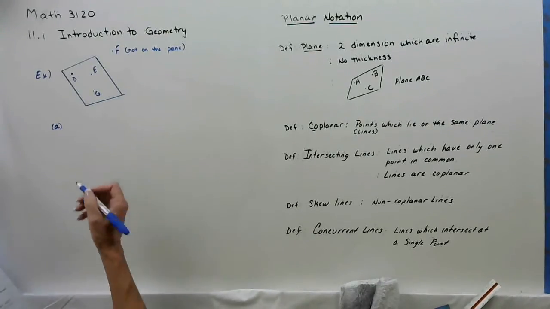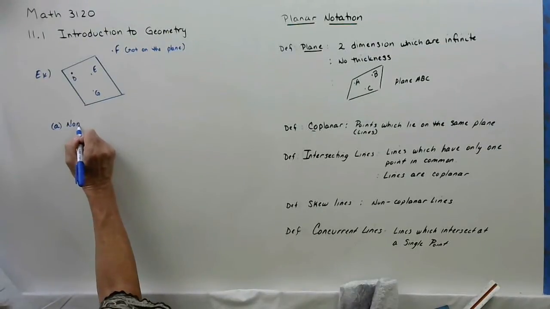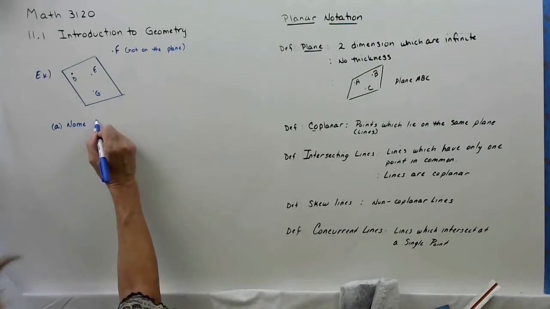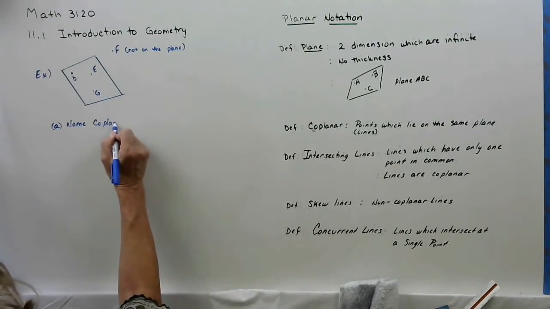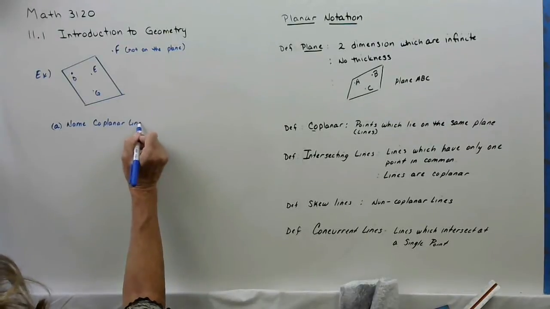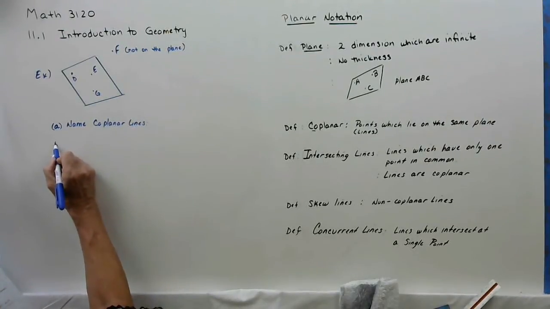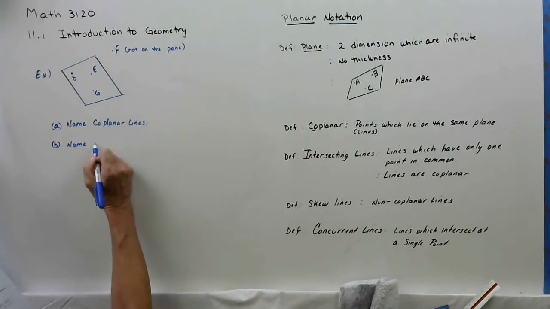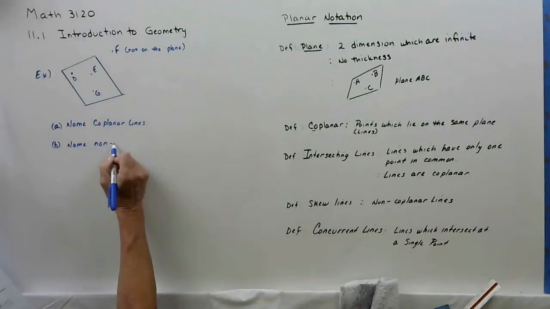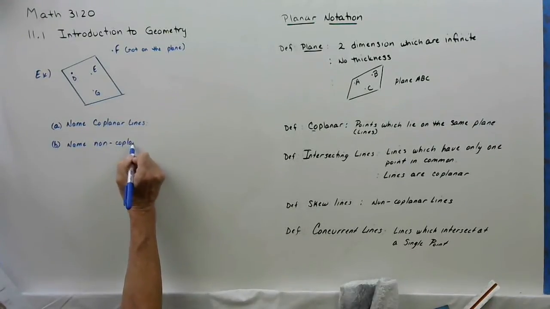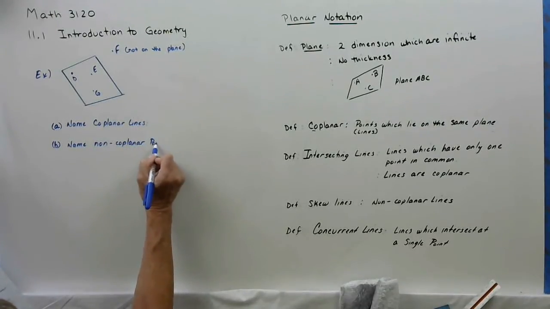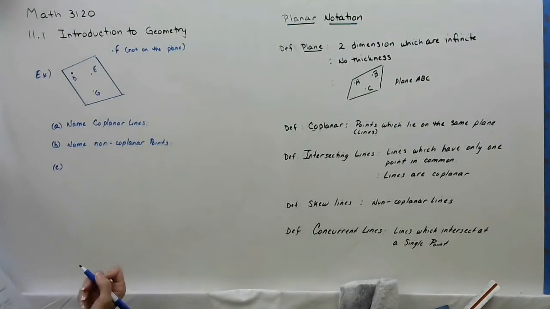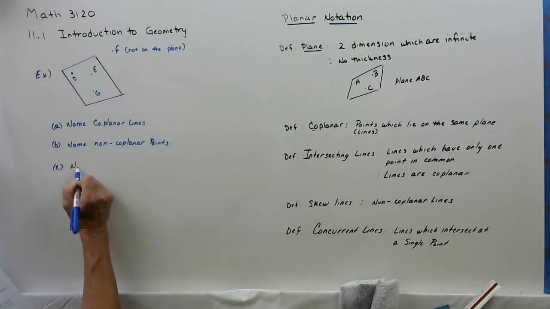Okay. And I'm going to give you a minute while I erase that side. Name coplanar lines. Name non-coplanar points. Name intersecting lines.